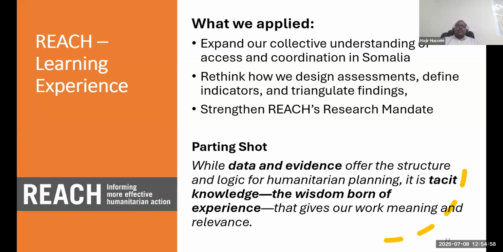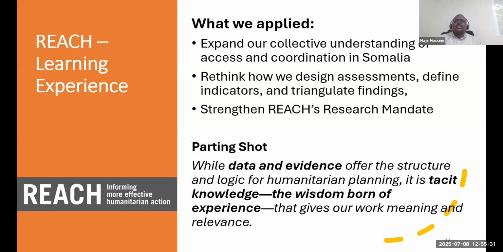What we applied: expand our collective understanding, access, and the coordination in Somalia, rethink how we design assessments, define indicators, and triangulate findings, and strengthen Reach's research mandate. So here, if I can elaborate a bit more on the understanding of access.